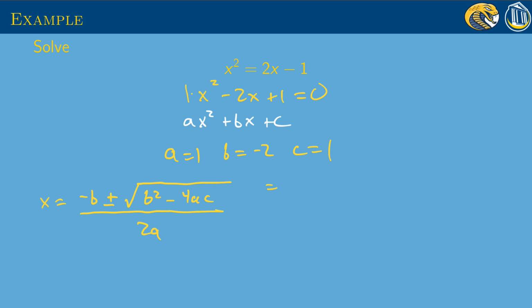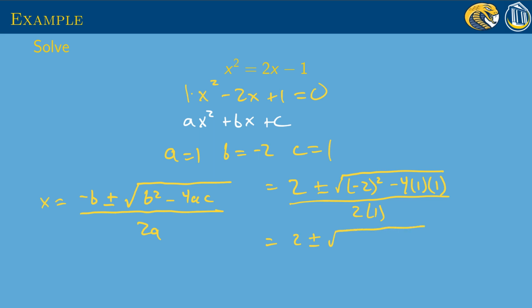In this case, x equals negative b, that's going to be negative 2, or positive 2, plus or minus the square root of b squared minus 4 times a times c, all divided by 2 times a. If we simplify this a little bit, that's 2 plus or minus the square root of 4 minus 4 all over 2, or even simpler, 2 plus or minus the square root of 0 over 2.